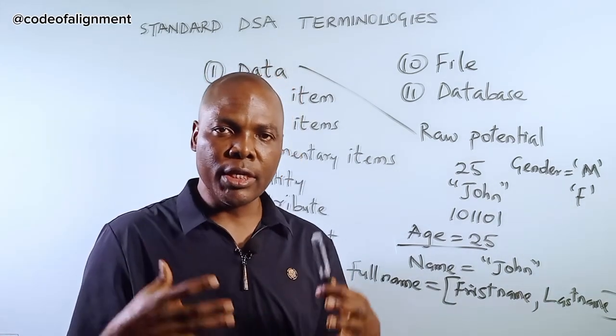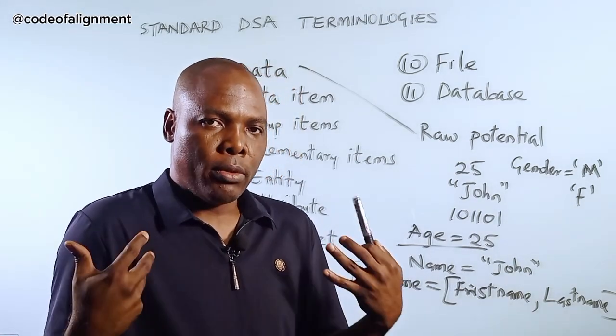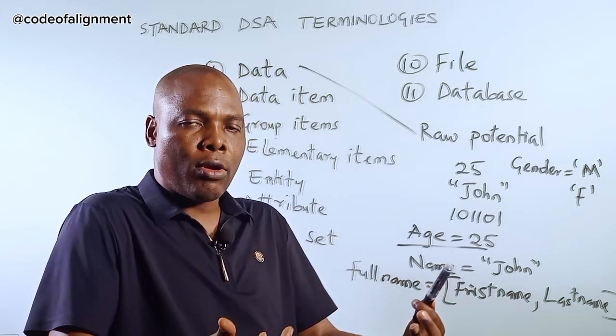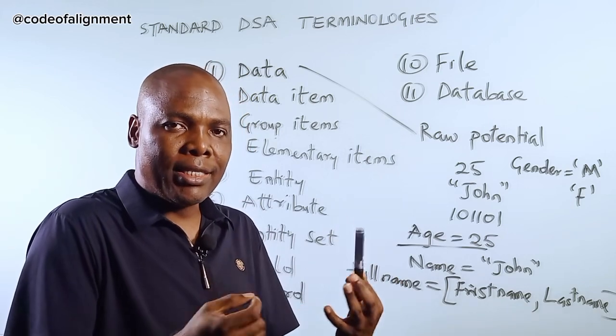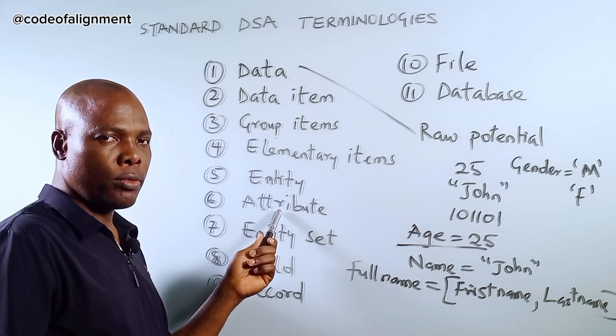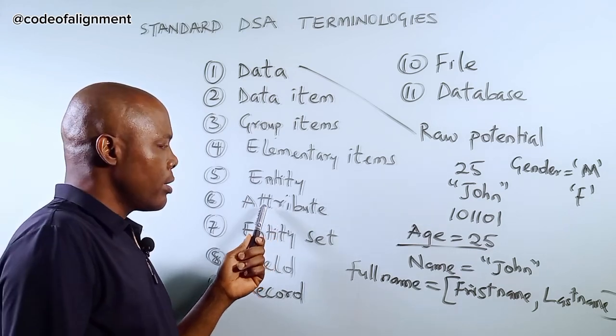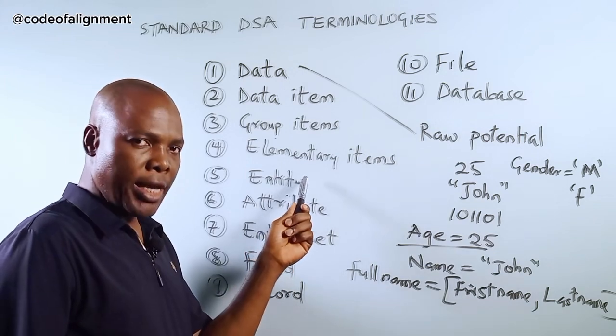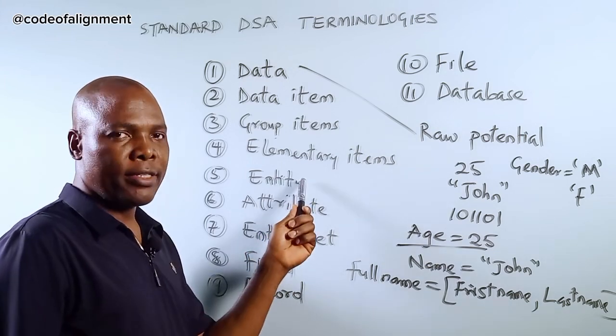Now, what is entity? Entity is a real world object. Example, student or employee, like me. I'm an employee of a company. So that is an entity, a real world object. So entity has attributes. What is attribute? Attributes are the properties of entities. These are the things that describe an entity.